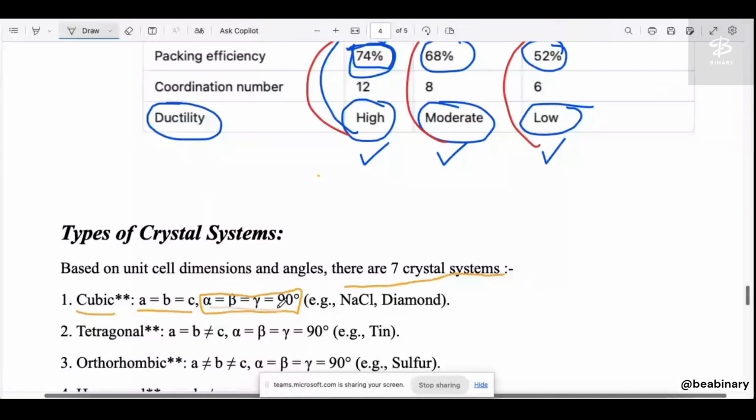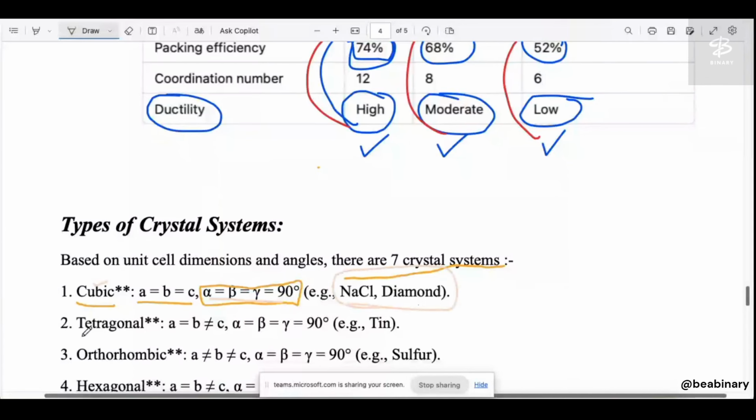So it doesn't matter which is alpha and which is gamma. You can replace anything because all angles are equal. This is the example. Diamond has a cubic structure. Got it. Now we talk about the tetragonal.